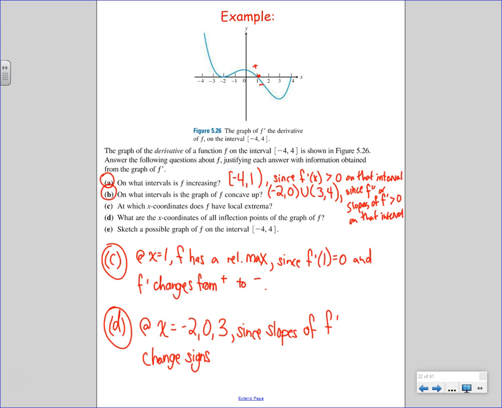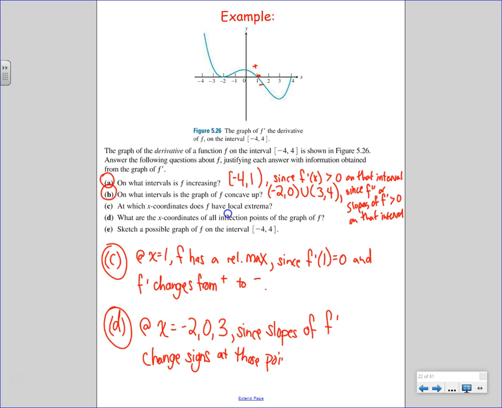Actually, I love that you said that, because on so many FRQs students start using positive and negative and increasing and decreasing as synonymous, and they're not. One talks about the values of what you're referring to. The other one talks about the values of the derivative of what you're referring to. So they're very different things.